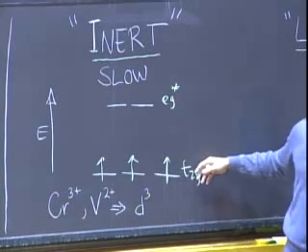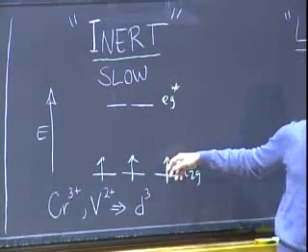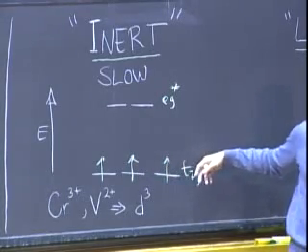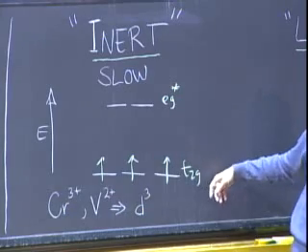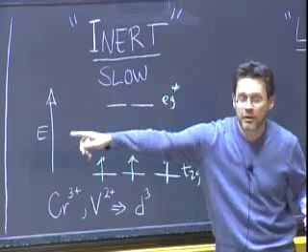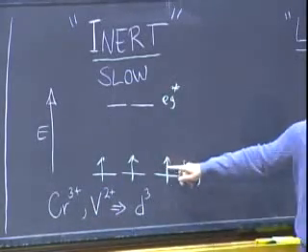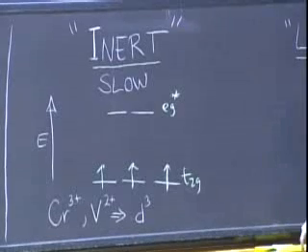So this is 3 non-bonding electrons centered in dxz, dyz, and dxy, which is t2g, on our metal ion, chromium 3+ in the hexaaquo system, or vanadium 2+ in the hexaaquo system. And these are inert and slow.